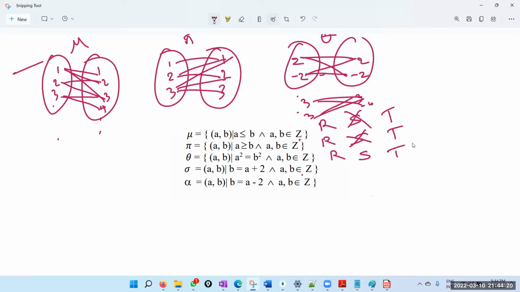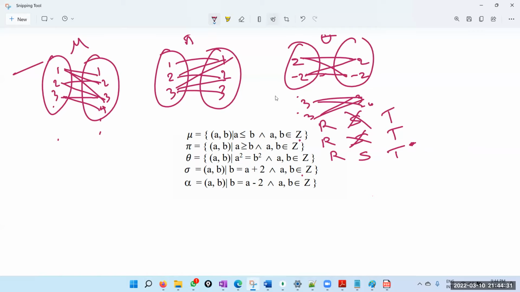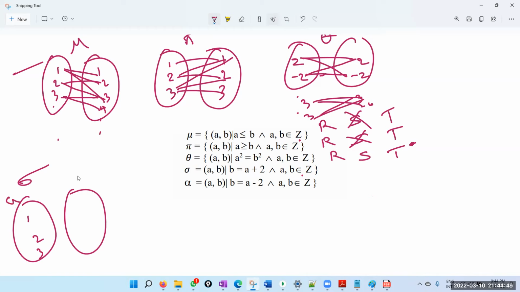So this is a little bit debatable, but it looks okay. Right, next one, sigma. Right, sigma: AB, B equals A plus 2. Say 1, 2, 3, this is my A, this is B. B must be A plus 2.